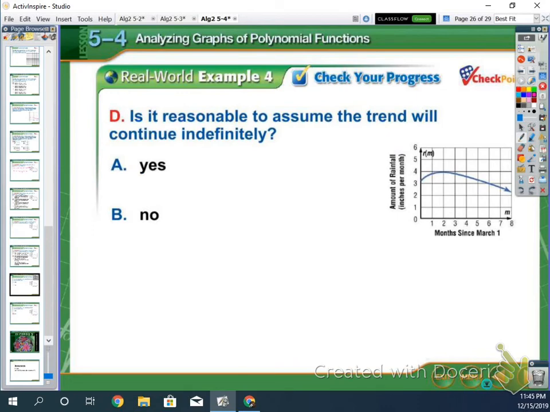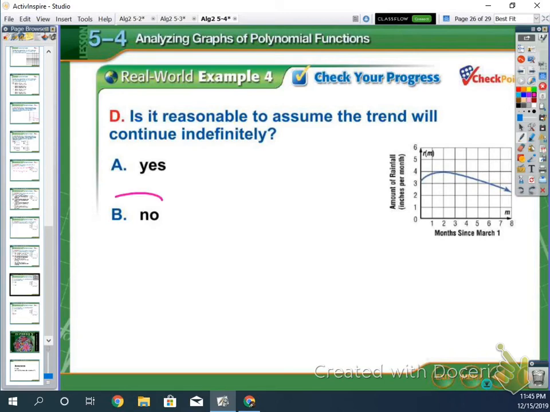And then, is it reasonable to assume the trend will continue indefinitely? So think about that for a question before I give you the answer here. Indefinitely means basically forever, for the foreseeable future. So do I have any reason to assume that the trend will change? Well, is it reasonable to assume that?